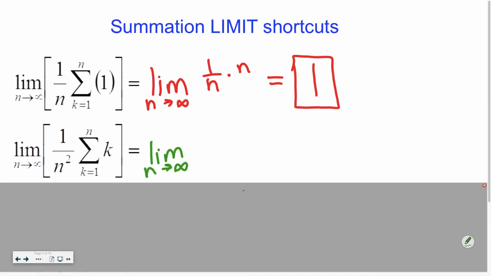Okay, so when we take this limit, we have 1 over n squared, and then the summation of k from 1 to n. What was that shortcut? Over 2? Okay, let's flash back to our limits.